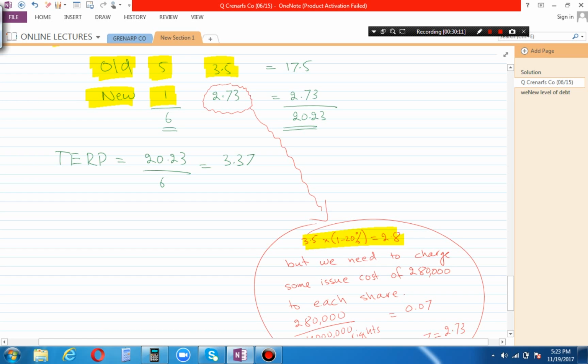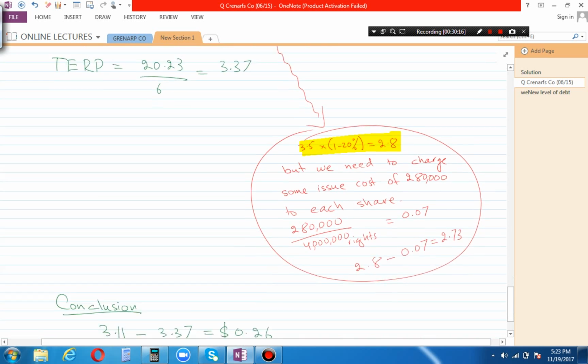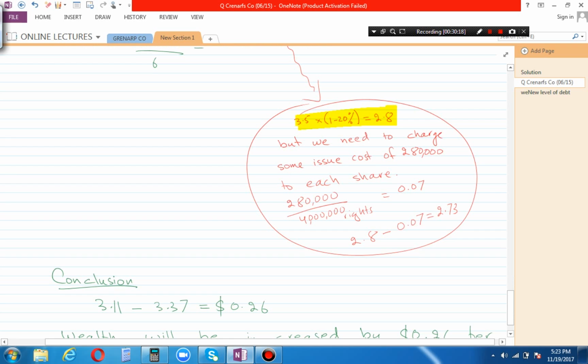So, as we calculated on our question paper, the right price is 2.8, but if you charge the issue cost of 200,000 on 4 million rights, which is 1 for 5 multiplied by 20 million old shares, then we have to charge $0.07 to each right.